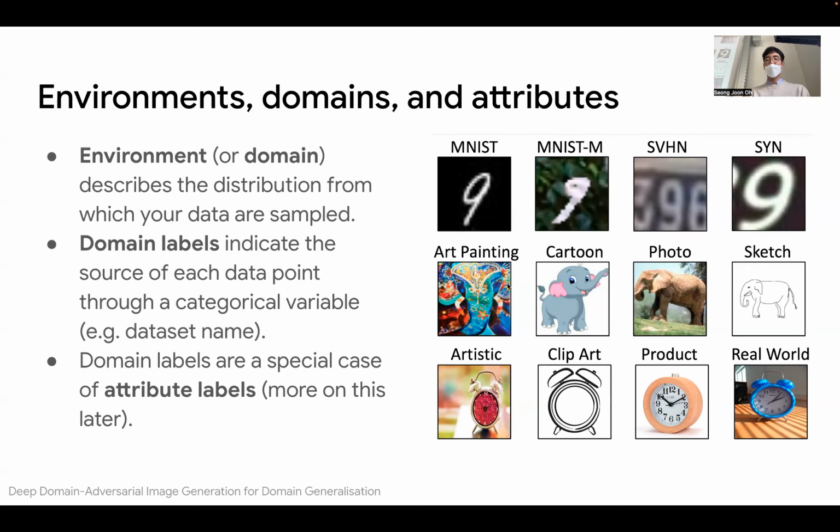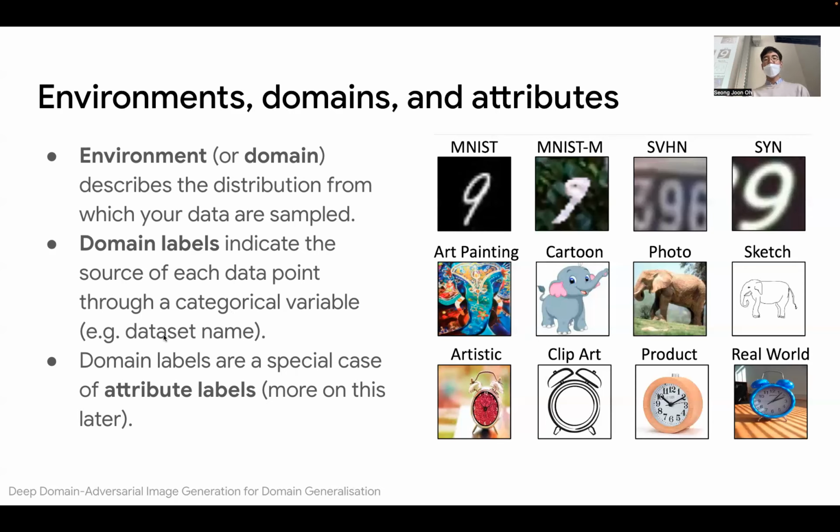So for example, if you look at all these distribution data sets, you see that they're coming from their own data generation process. Like this cartoon is from cartoon. There are some sketches or clip arts and so on. Products, they are mostly a white background, iconic images. And what I mean by domain label is the label that you put on those kind of data.